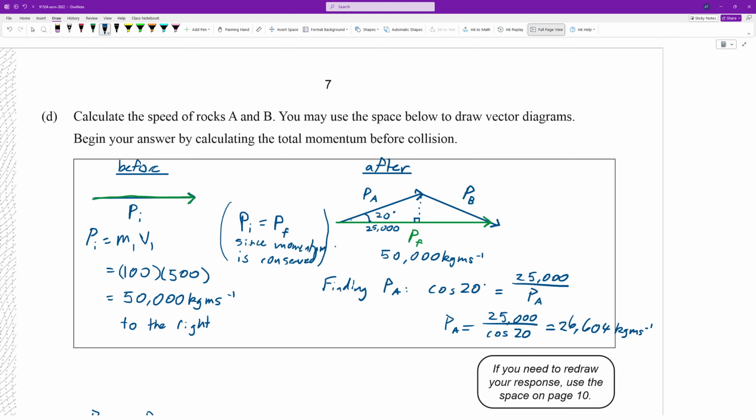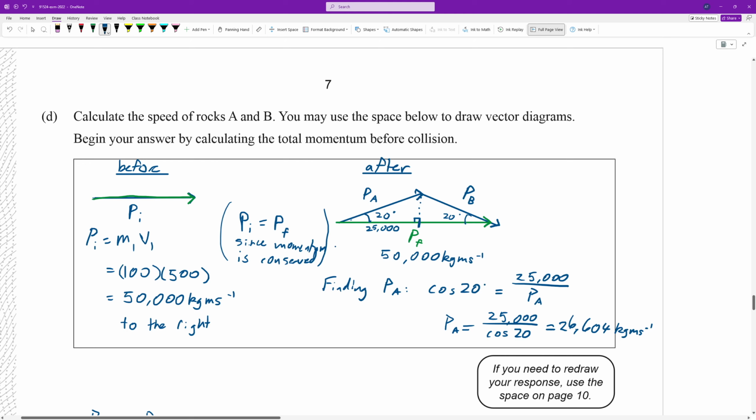And it doesn't matter if you draw A or B first, right? If we drew B, we'd go down and then back up, exactly the same. I drew PA and then I added PB. I labeled 20 degrees. We could have also labeled this as 20 degrees, right? It is symmetrical like that. However, I just split it into one right angled triangle, and I found the horizontal component, which was 25,000, right?